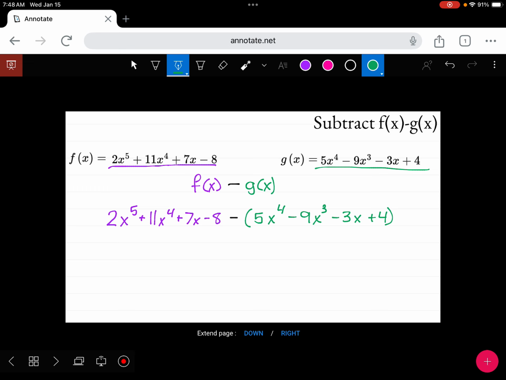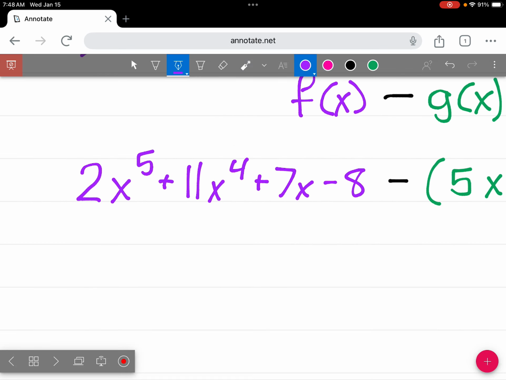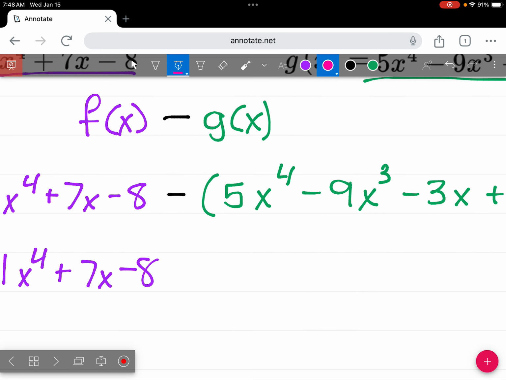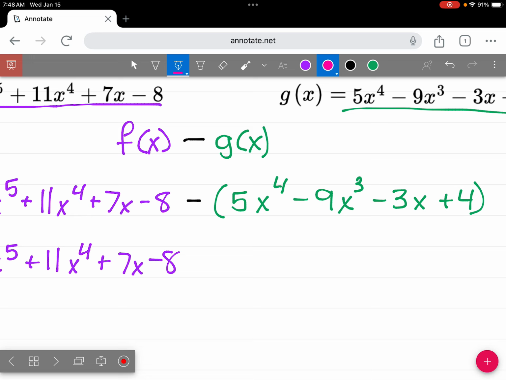And then we need to distribute that minus sign through. So our f of x, our purple stuff, isn't going to change at all. We're going to have our 2x to the 5th, 11x to the 4th, plus 7x minus 8. My wrist is going to hurt by the end of the day. It's because I get to do this 3 more times. And so we need to distribute this minus sign through.